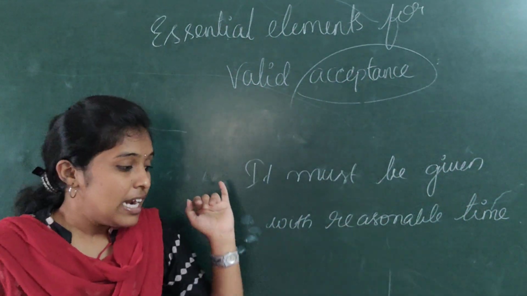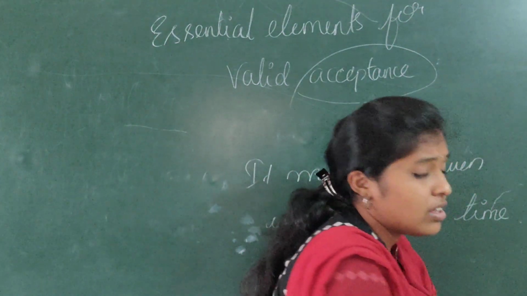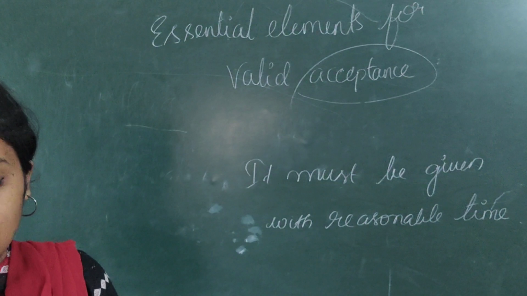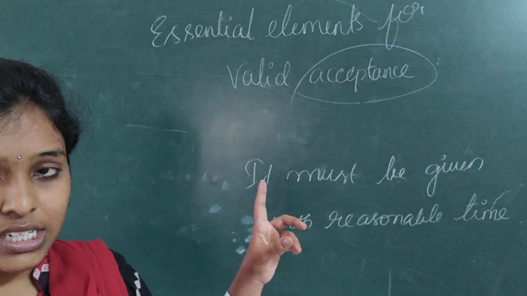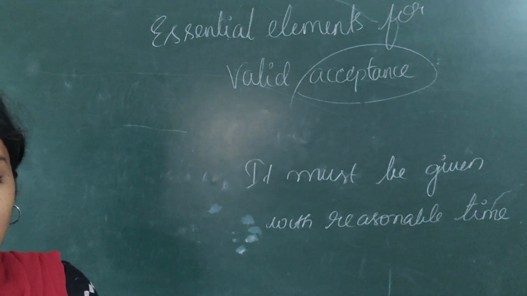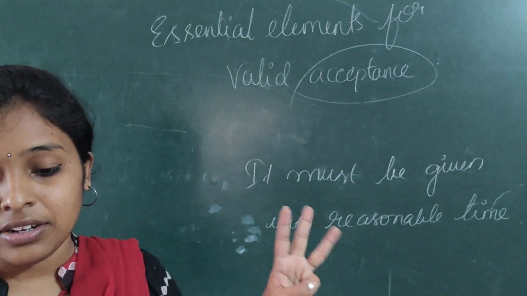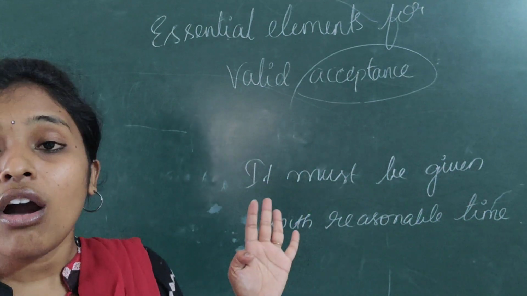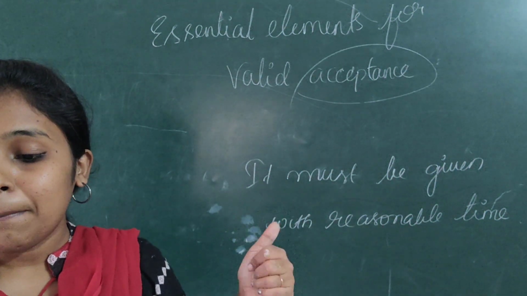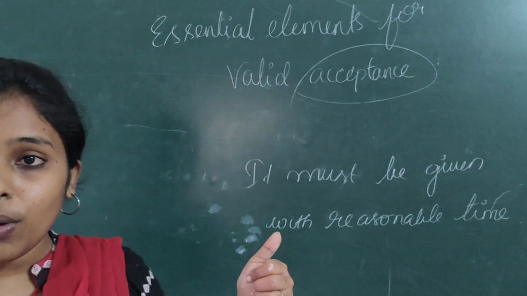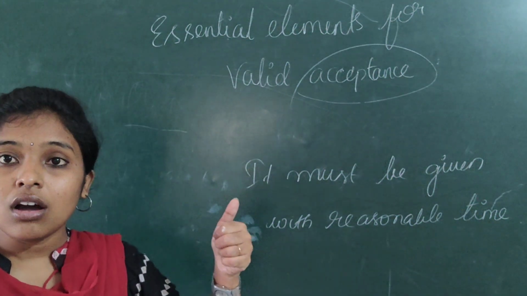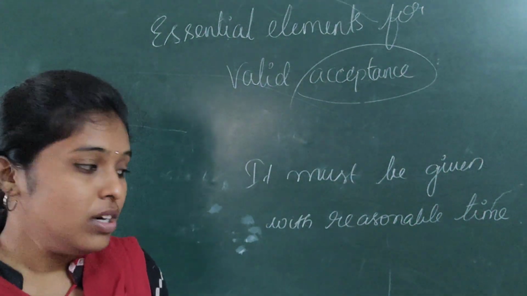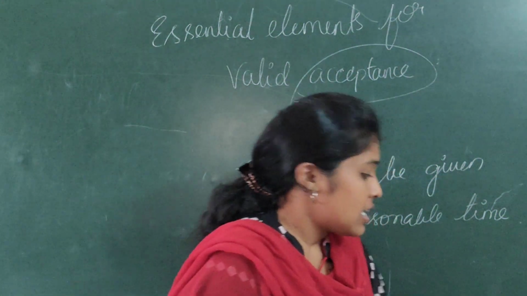First one is it must be given by the offeree only, and next one is it must be absolute and unconditional, and next one is it must be in a prescribed manner, and the fourth one is it must be communicated to the offerer, and it may be expressed, it must follow the offer, and the last one is it must be given within a reasonable time. Clear? Hope you have understood the class.